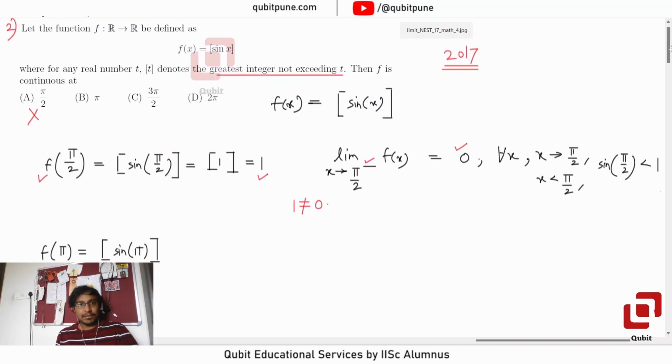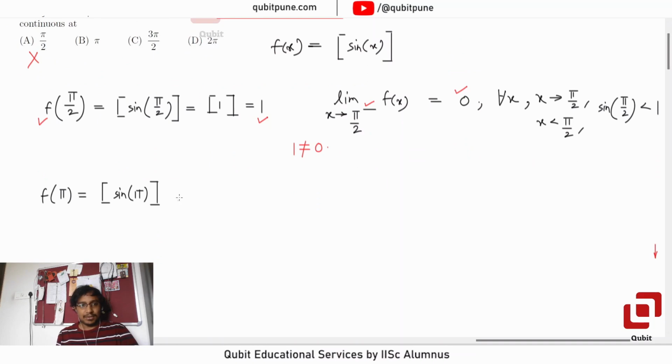Now if x is greater than pi, can I say that sin x is negative? Yes, rather I should have put it this way: x is in between pi and 3 pi by 2, sin x is less than 0.